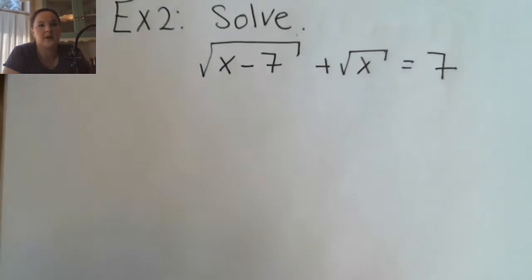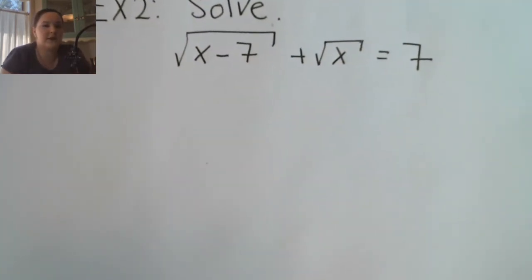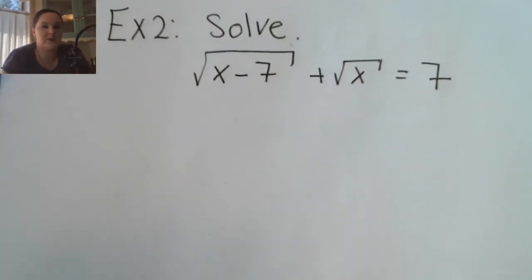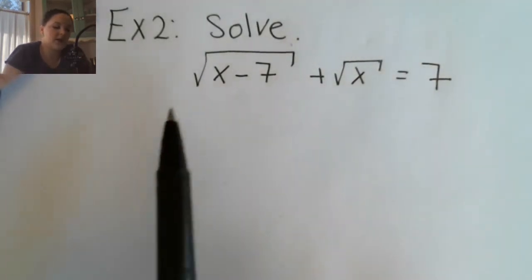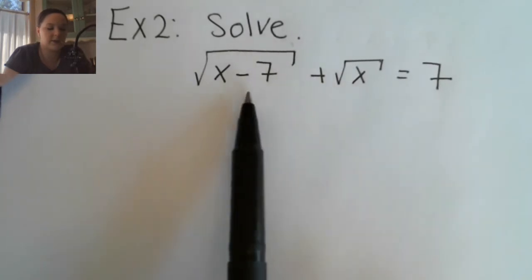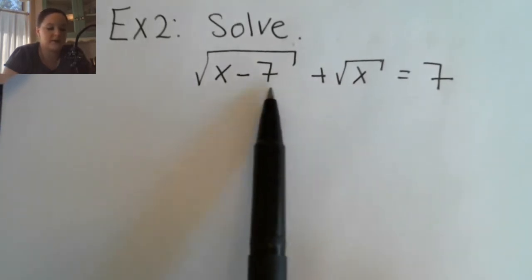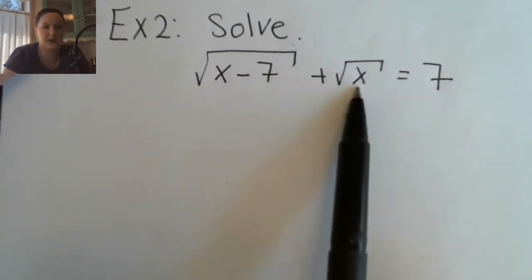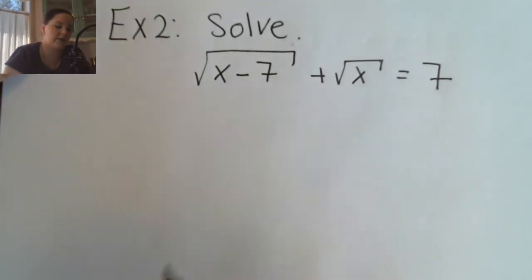The first thing we want to do is isolate one of the square roots. And just a tip, this isn't necessary, but usually when I'm picking which one to isolate, I pick the more complicated of the two. Because this one has 2 terms and this one only has 1, I'm going to isolate this square root.